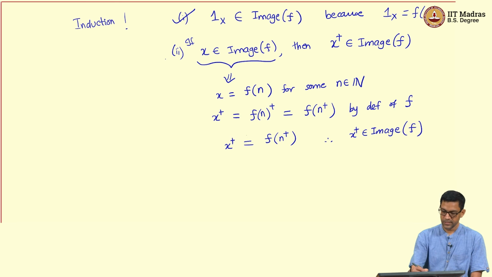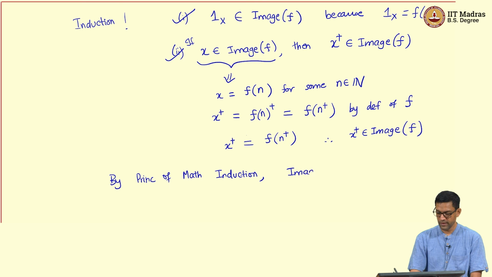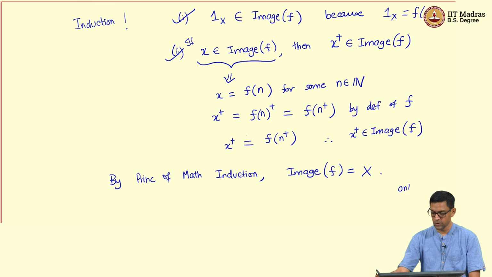So, we have established the two properties required for the principle of mathematical induction, and so by the principle of mathematical induction, we conclude that this subset, the image of f, is actually the whole set x. Okay. So, that is the end of the proof of ontoness. So, this proves ontoness of this function f.